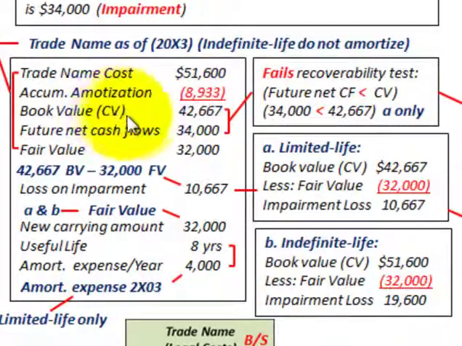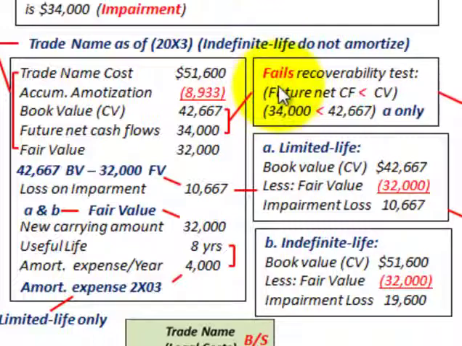So we have a book or carrying value of $42,667, the difference between its cost less the accumulated amortization. And then we've also got our future net cash flows that we were given at $34,000, and we also have a fair value given on this intangible trade name of $32,000.